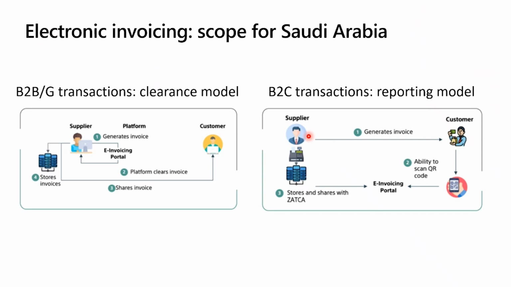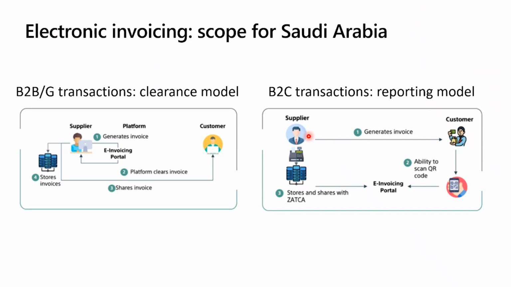And here we have a so-called clearance model when the supplier that sells some goods to their customer is obliged to generate an electronic invoice. And in this case, it's called a tax e-invoice.